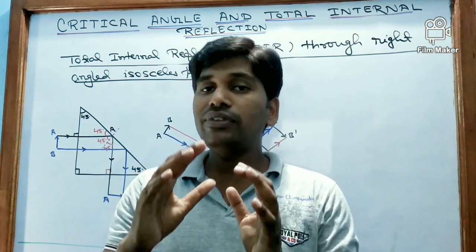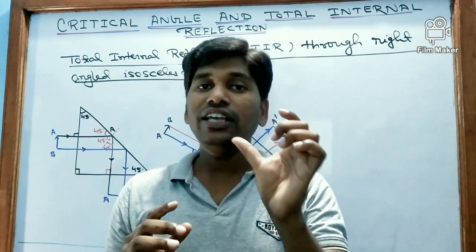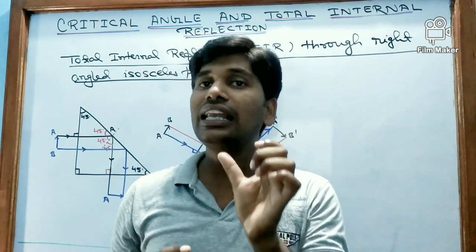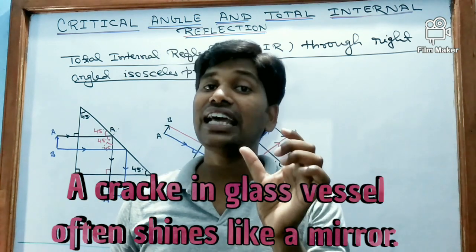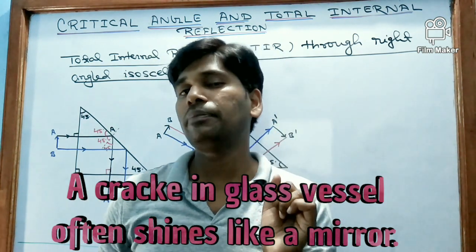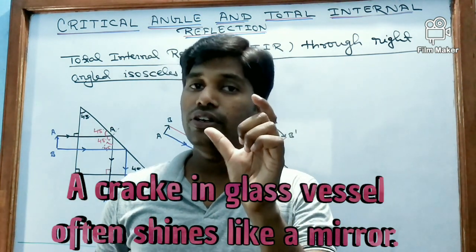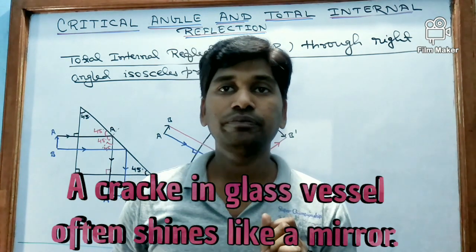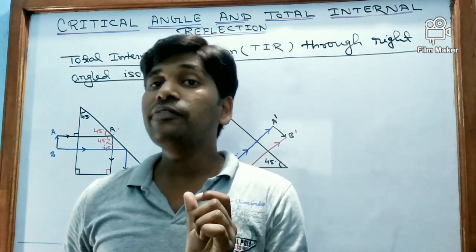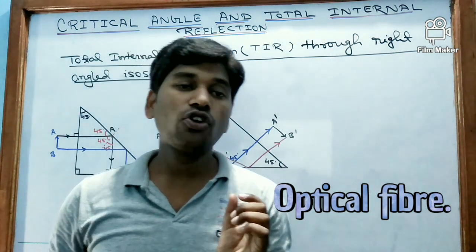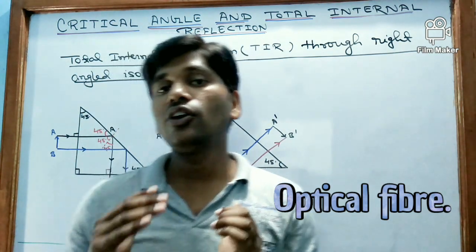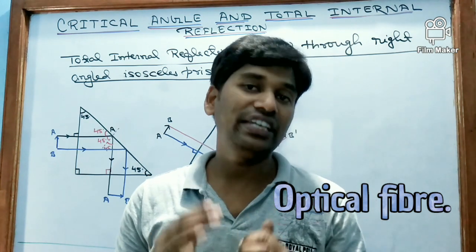Next, if there is a crack in the glass, it often shines like a mirror. So this is also one application of total internal reflection. An optical fiber is used to transmit a light signal over a long distance without any loss of energy.